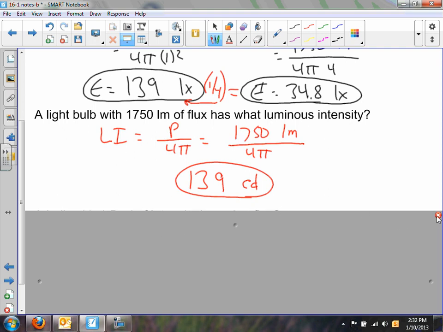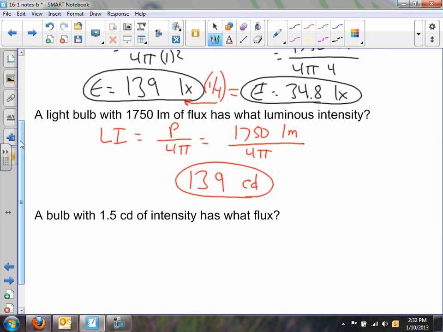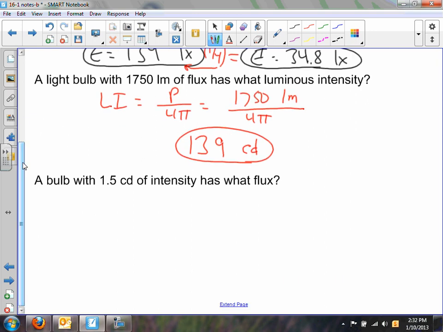And one final example, a bulb with 1.5 candelas of intensity has what flux? Now we just want to work backwards. So luminous intensity equals P over 4 pi. If my luminous intensity is 1.5 candelas, that equals my flux over 4 pi.